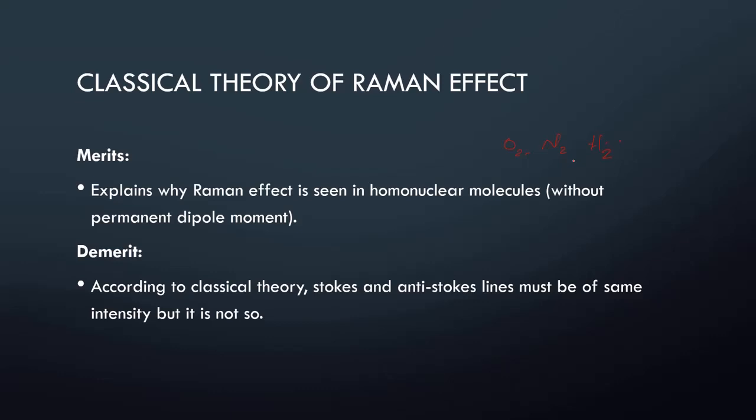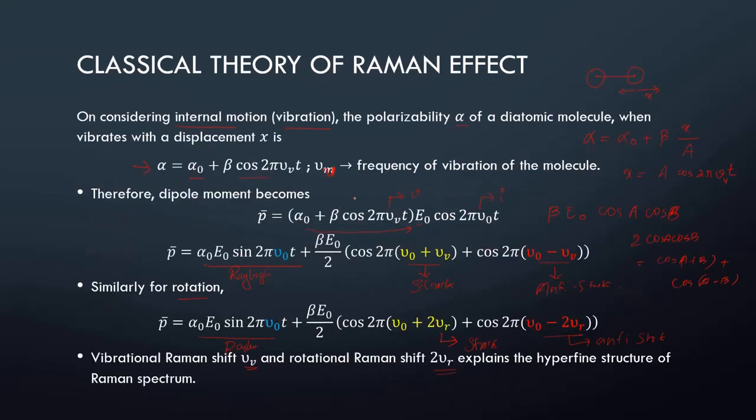The demerit of the classical theory of the Raman effect is this. We have seen that in the Raman spectrum the Stokes lines are much more prominent and intense than the anti-Stokes lines. But according to this theory, the occurrence of both terms, the Stokes term and the anti-Stokes term, has a similar possibility.